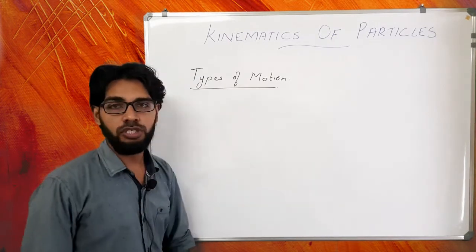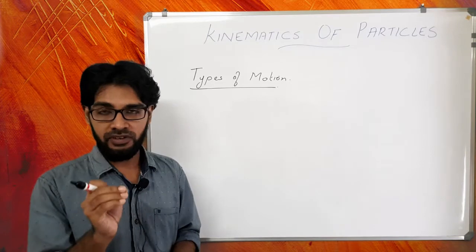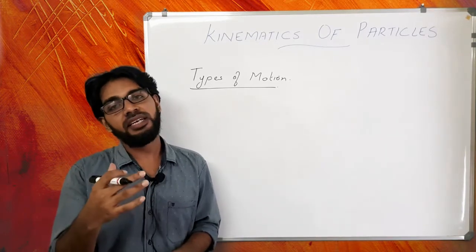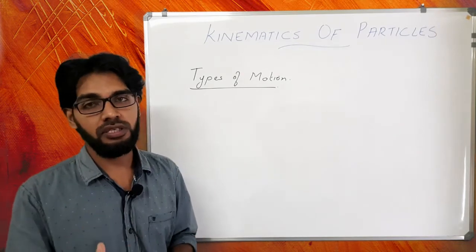Types of motion. Now, when we deal with motion of particles, specifically particles, we have to understand that there are different types of motion that we shall encounter in our studies.